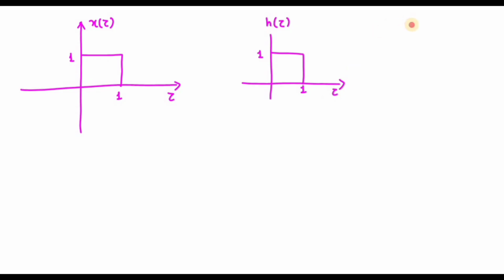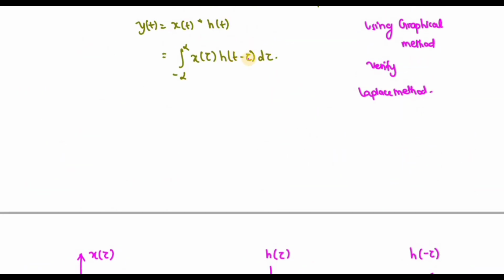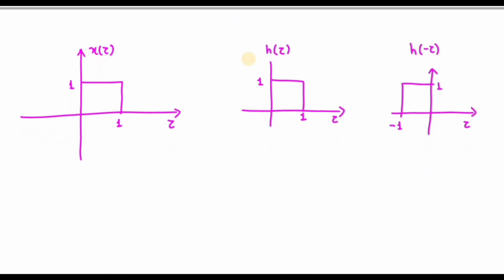So if I want to plot h of minus tau, here I have to multiply by -1. This is called scaling. Next, I want to get h of t minus tau, so for this one I add t, h of minus tau plus t.